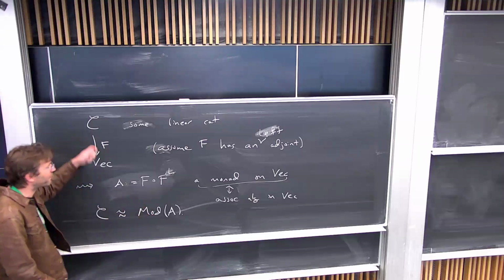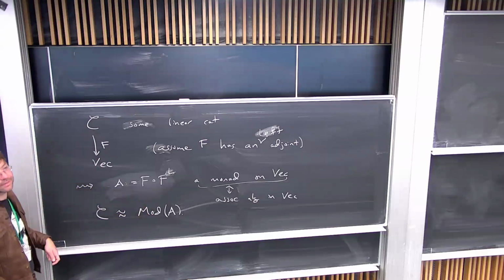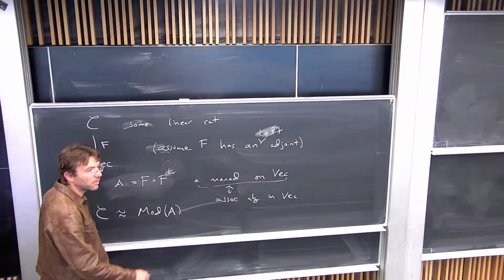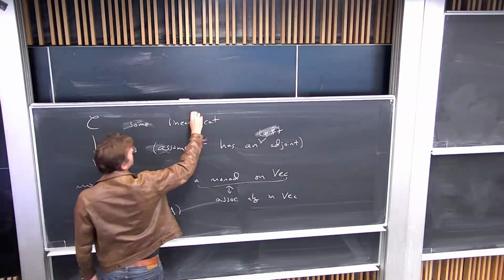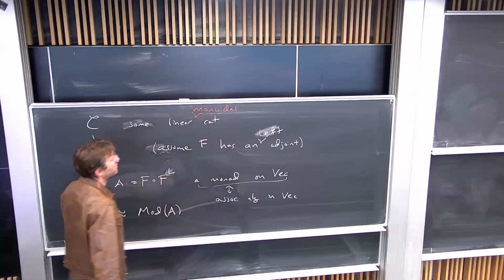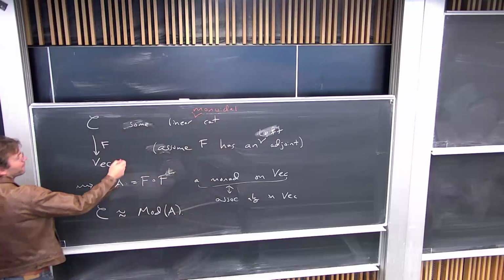But in any case, if I have this much data, I can certainly extract an algebra, which is morally just the endomorphisms of this object. You can add some more adjectives. For instance, you could say maybe this is a monoidal category, and that's actually the version I want to talk about. And you might ask that F be a monoidal functor.